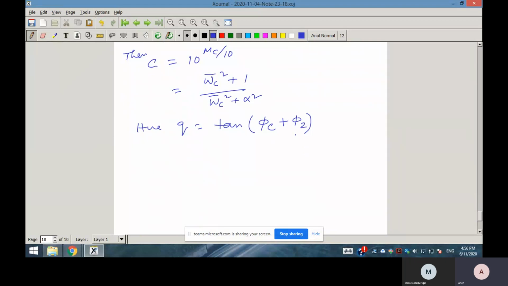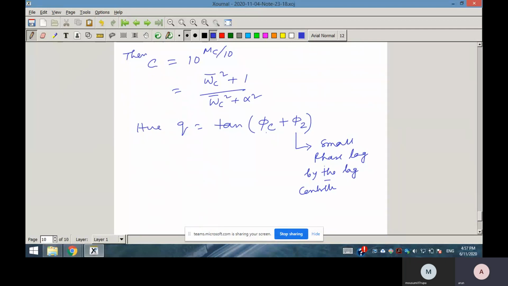So this is the small phase lag by the lag controller. So that's why I actually want a phase lead of phi C, but I have to calculate for more, so as to nullify the additional phase lag provided by the lag controller.